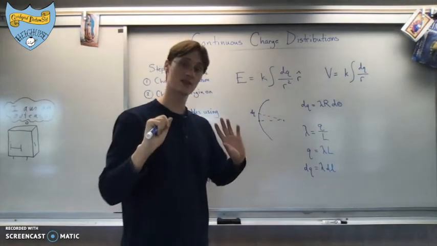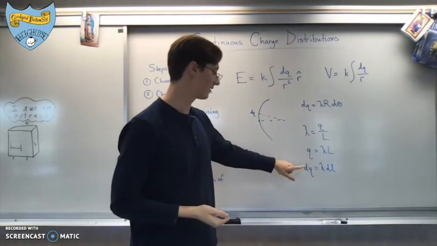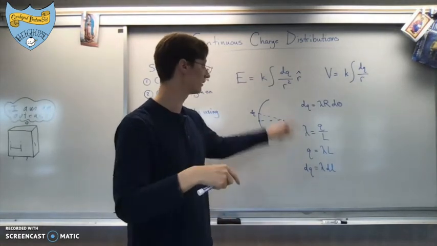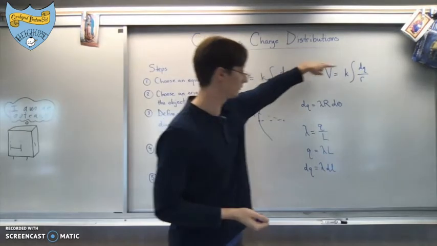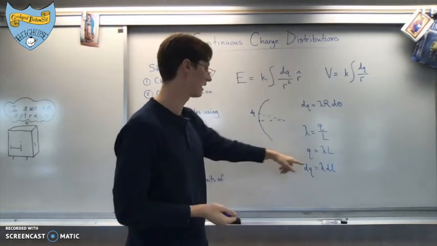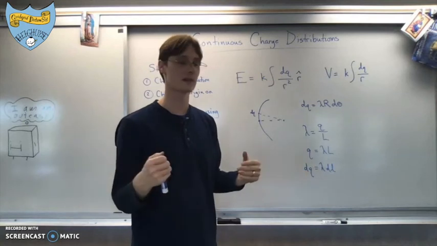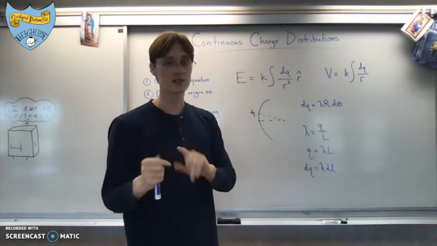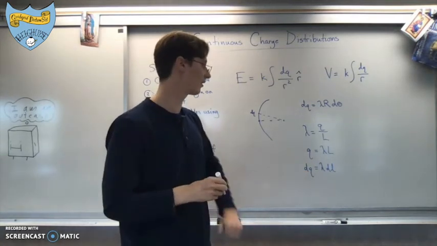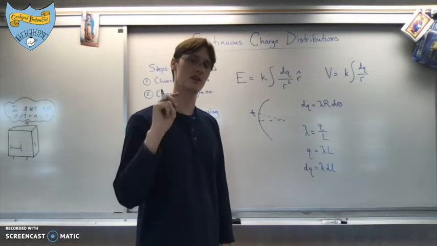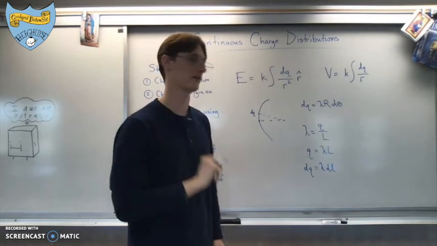And if it were a straight object, then this is what we would use. We would just say dq in our equation equals lambda dl. And that's all we would have to do. All right, if it's a curved bit, though, then we need to go back to an equation from geometry, which is the equation for arc length.